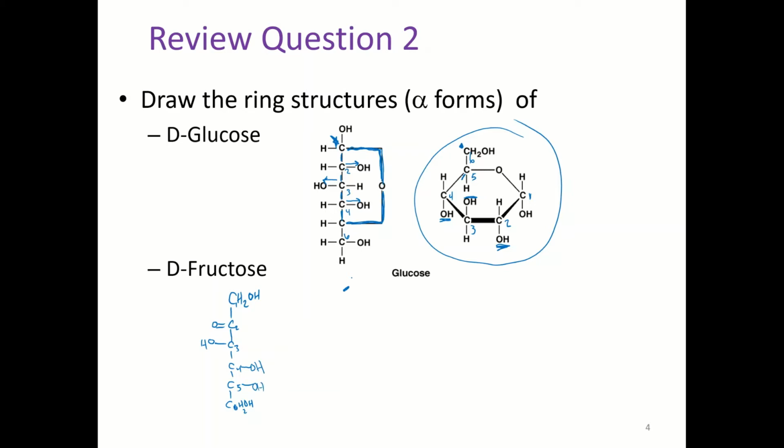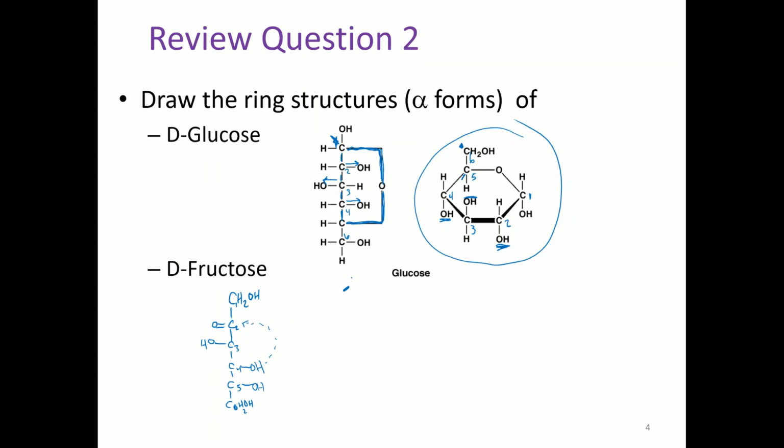So I'm not going to draw in the hydrogens just because that can get a little in the way here, but this OH group is the one that's going to attach, and it attaches again to the carbonyl. You can think of it as the electrons in that OH group can do a nucleophilic attack on the carbonyl, which is electrophilic.